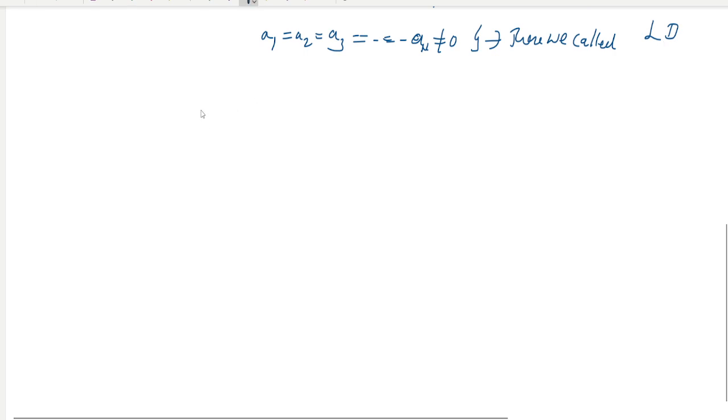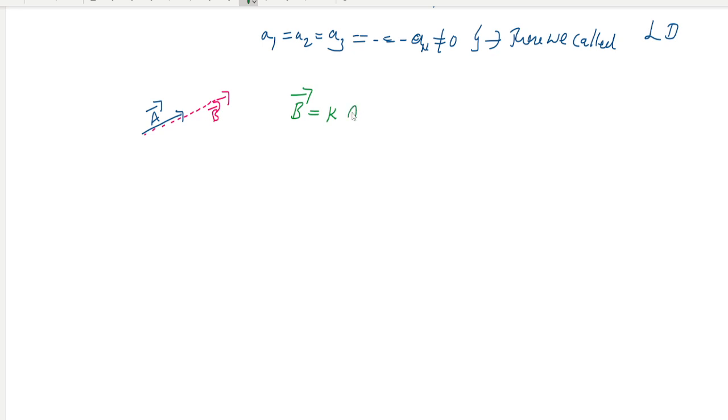If I take one vector, vector A, and another vector, vector B, and B can be written as some constant k, or alpha, beta, gamma, times A, then this type of set is called linearly dependent.